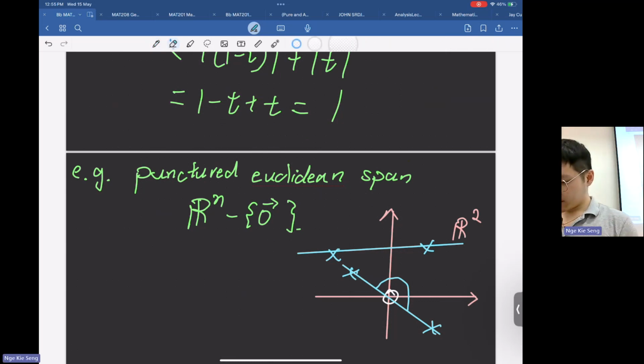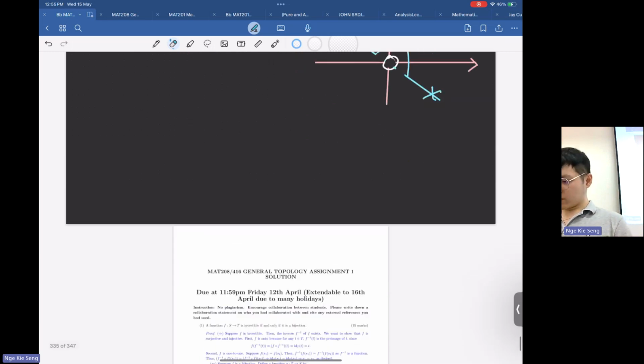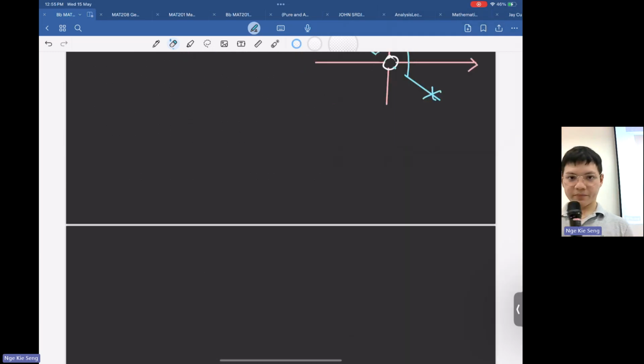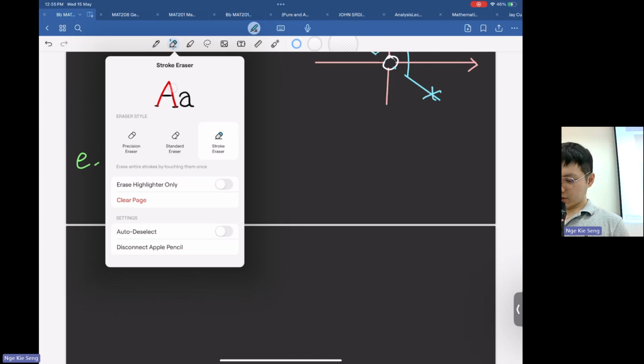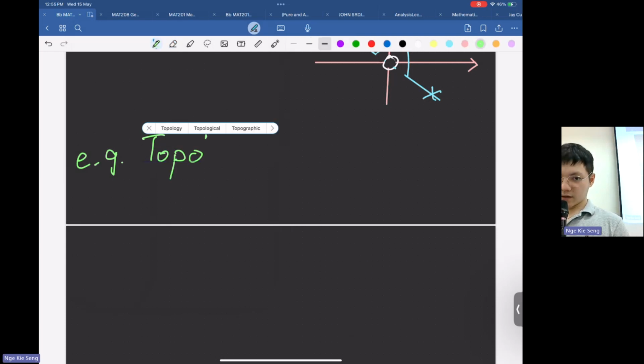I think we should get rid of this so that it doesn't confuse people, and take this detour here. Let's finish one more example and then we will take a break, and then we will discuss the assignment. The last example I'll talk about is called the topologist's sine curve.